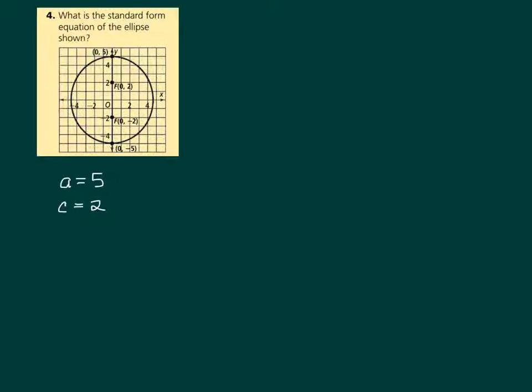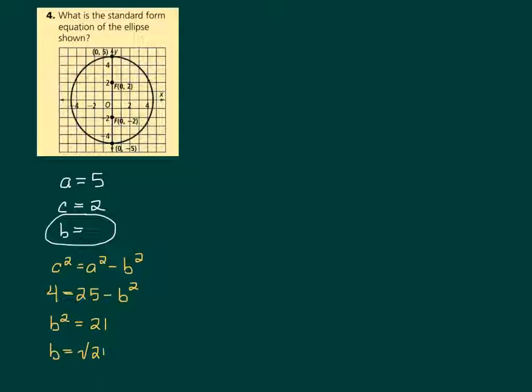They want the standard form of the equation, meaning we need to figure out what B is. And you can tell from the graph that B is going to be some number between 4 and 5. So we need to use the equation. C squared is A squared minus B squared. So 4 is 25 minus B squared. So B squared is 21, meaning B is the square root of 21.